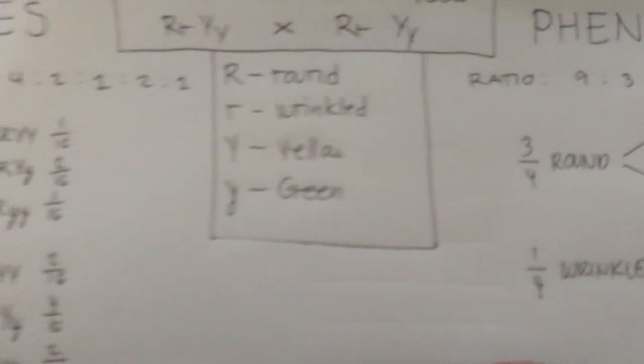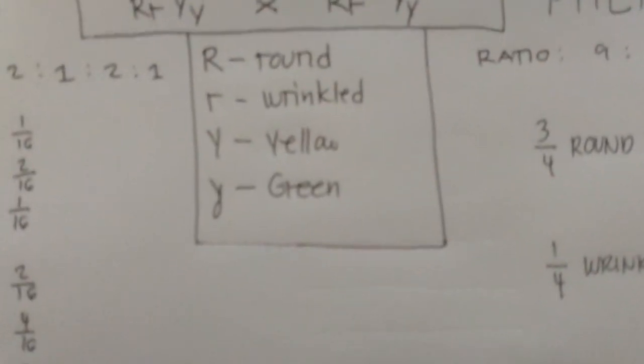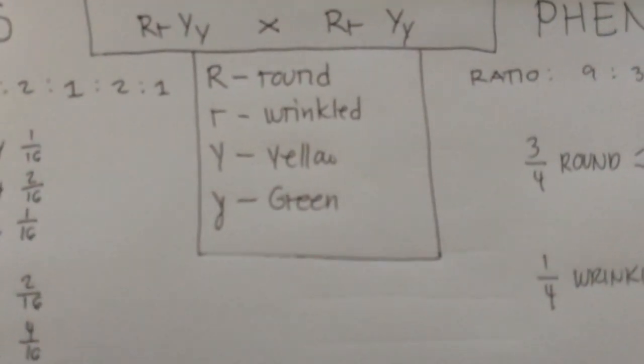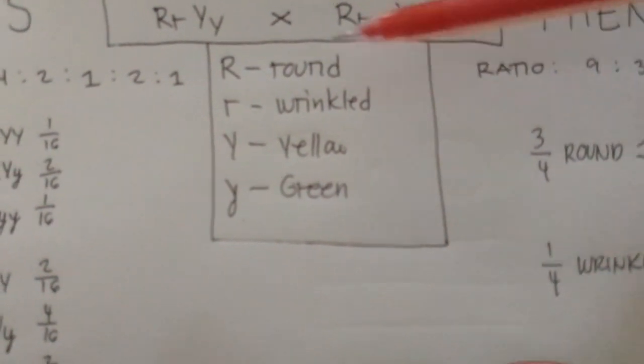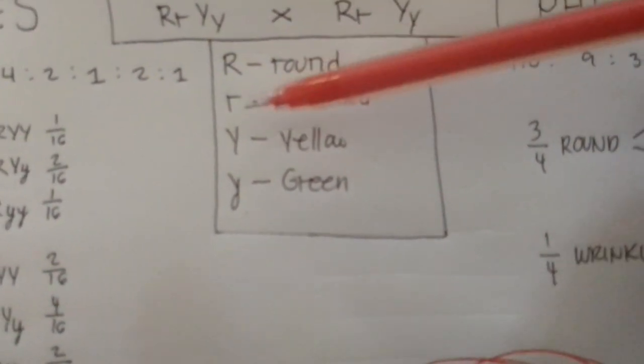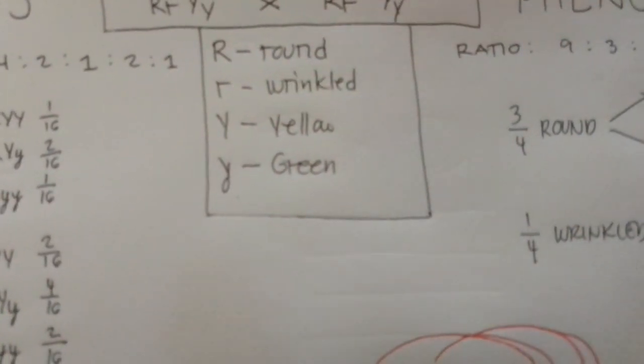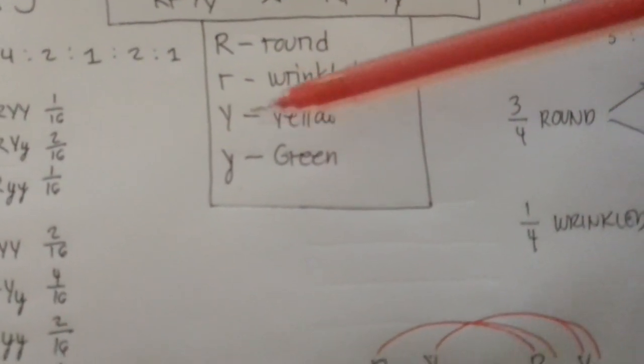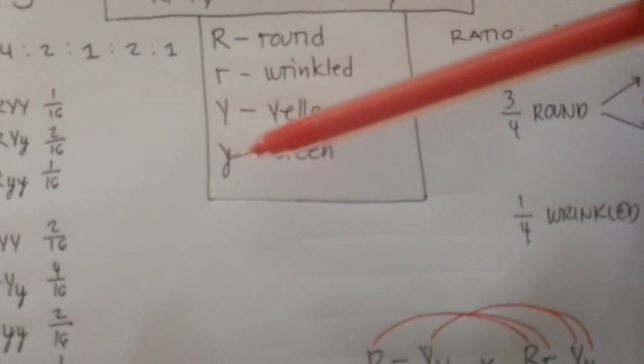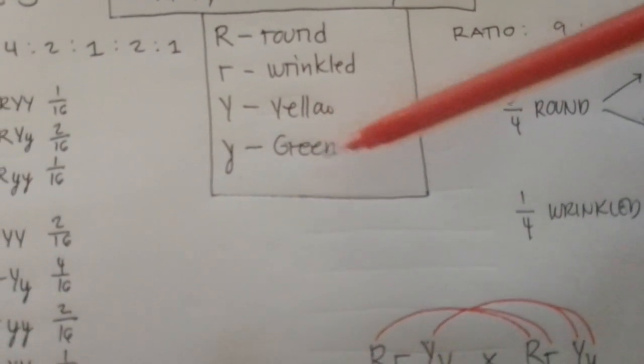Here, the capital R shows the shape, which is round. The small letter r shows wrinkled, which is also the shape, and the Y is color. The capital Y is yellow, the small letter y is green.